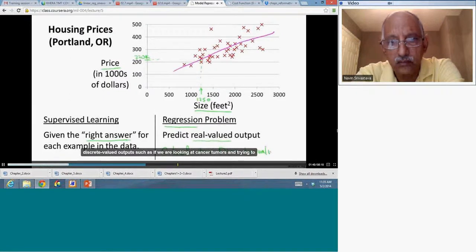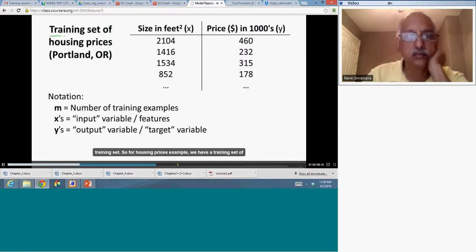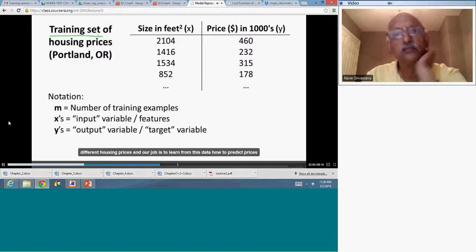Look at tumors and decide if it is malignant, that is the label. So the present example will be of different housing prices, and the goal is to learn from this data how to predict the prices.